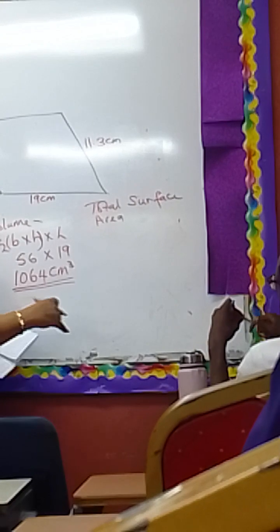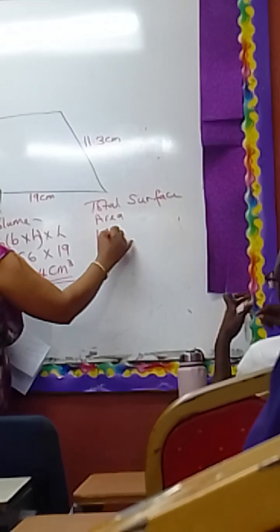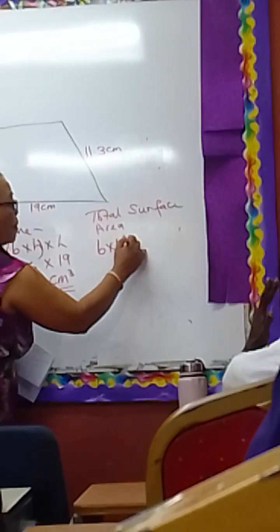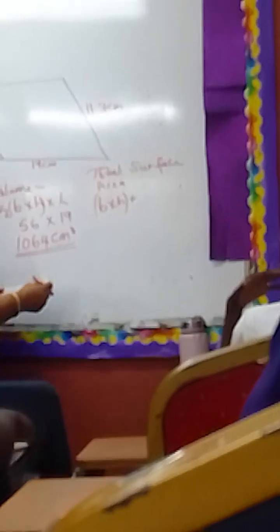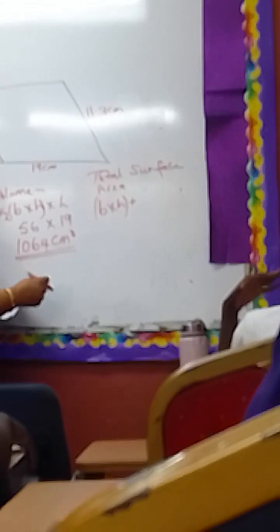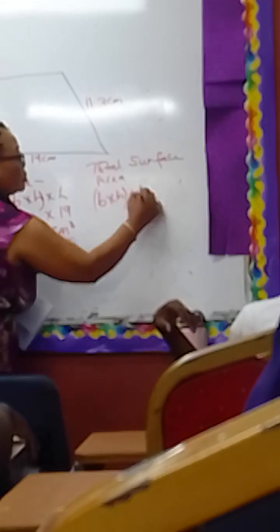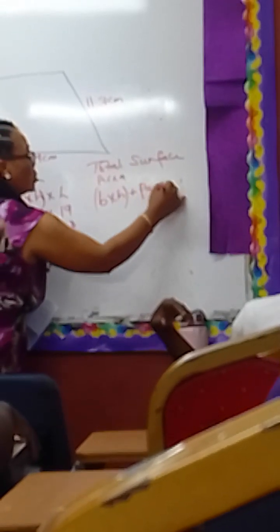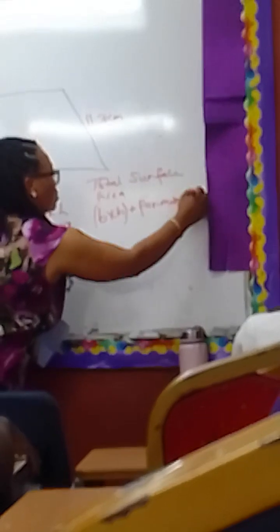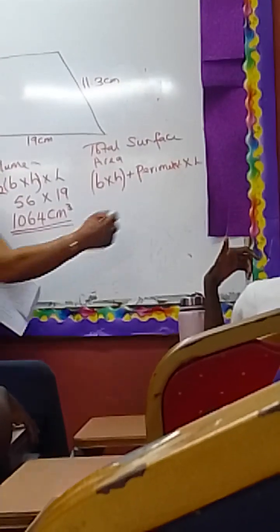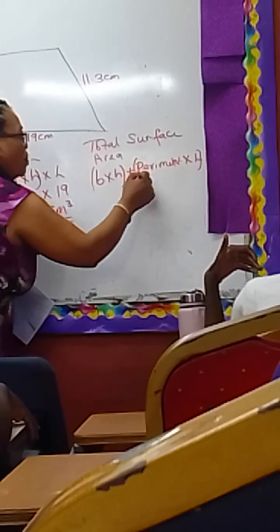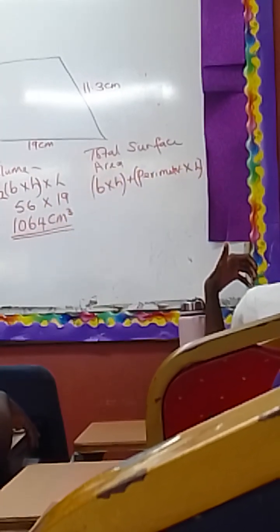The formula says base times height, plus, I'm going to put this in a bracket right here, base times the height plus the perimeter times the length.